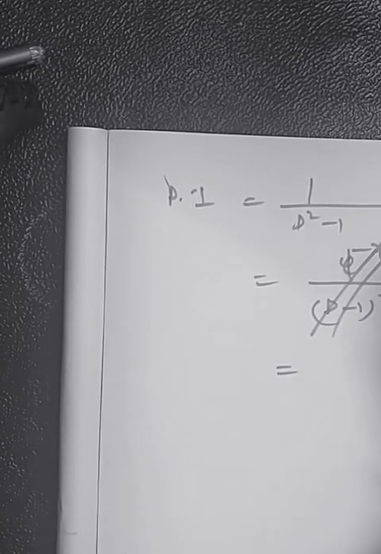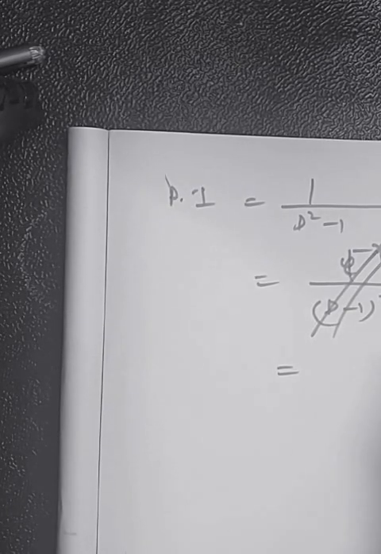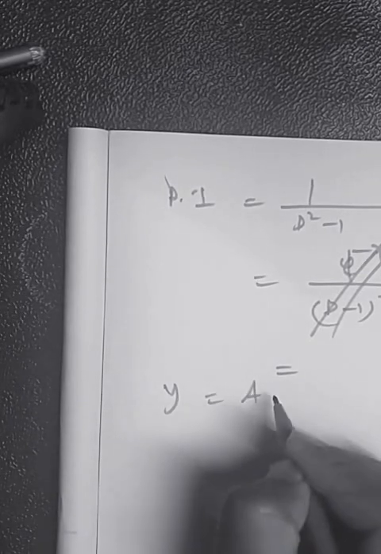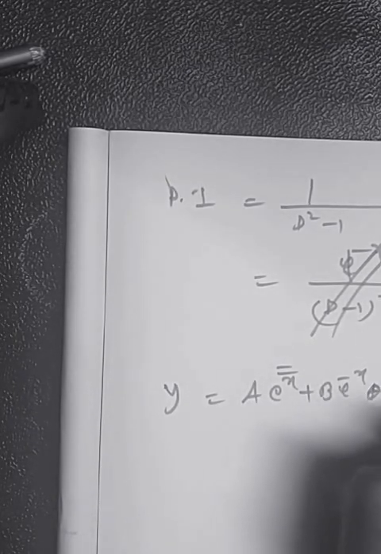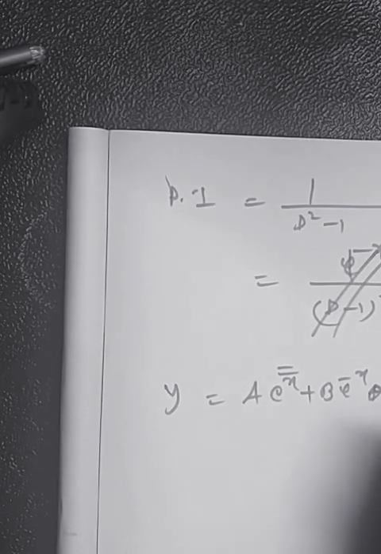So it is equal to x by 2D into e to the power minus x, equal to x by 2 times the integral of e to the power minus x. So x by 2 of minus e to the power minus x. Therefore y is equal to a e to the power x plus b e to the power minus x minus x by 2 e to the power minus x.